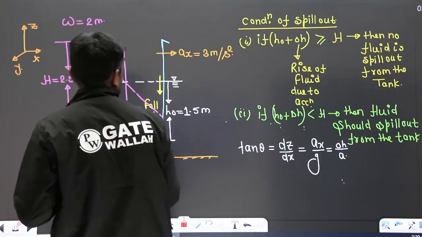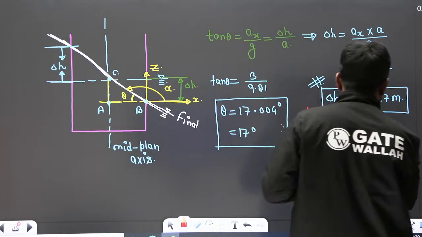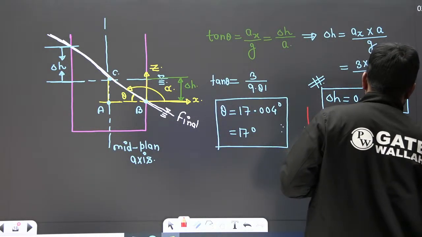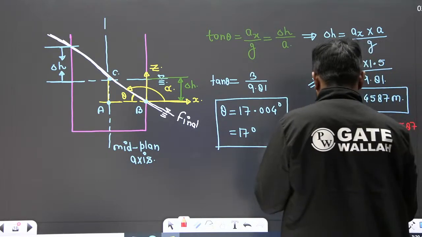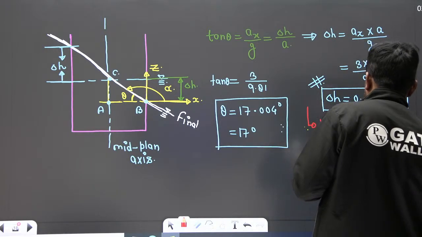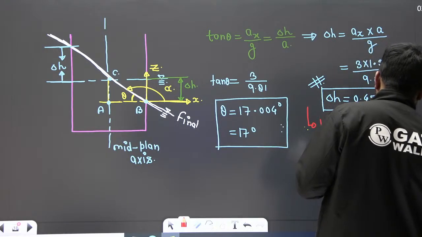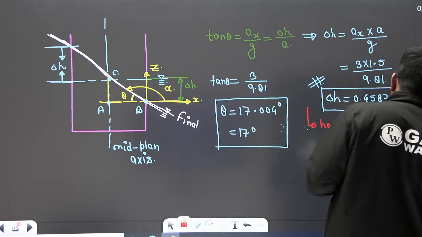That is 1.5 plus 0.4587, so that will become 1.9587 meter, which is less than 2.5 meter.